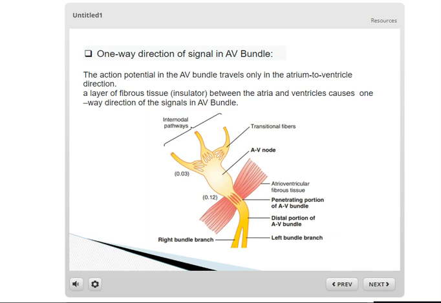The fibrous tissue acts as an electrical insulator, preventing the action potential from traveling back from the ventricles to the atria. This one-way conduction is an important feature of the cardiac conduction system, as it ensures the proper timing and coordination of the atrial and ventricular contractions.